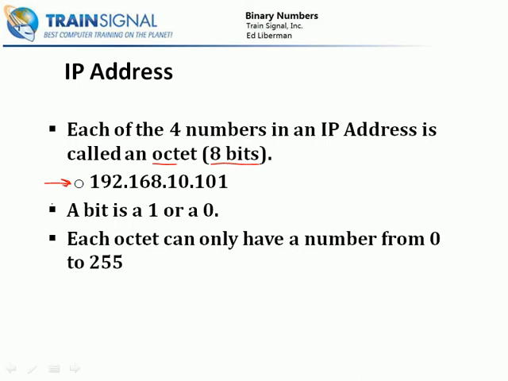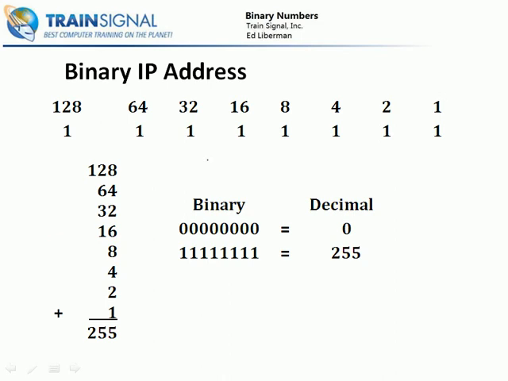And as we talked about in binary, a bit is a 1 or a 0. So therefore, each octet can only have a number from 0 to 255. The reason why, if we take a look here, is you'll notice that the lowest binary number, which would be 8 zeros, is of course going to have a decimal value of 0.